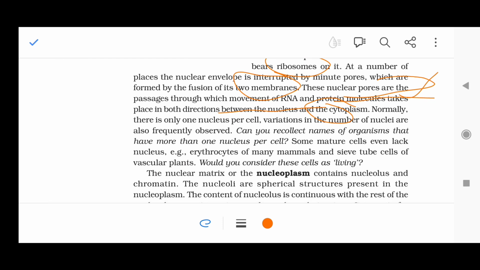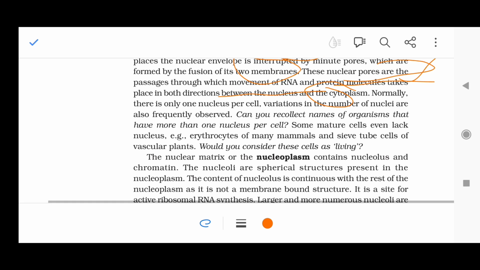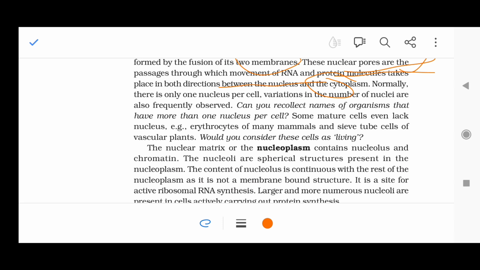Normally, there is only one nucleus per cell. Variations in the number of nuclei are also frequently observed. Definitely, in some of those cells, it might be possible there would be a presence of more than one nucleus. Some mature cells even lack nucleus.